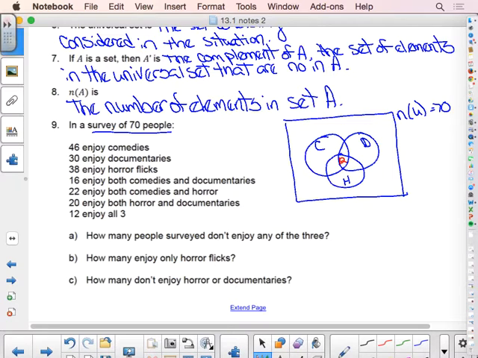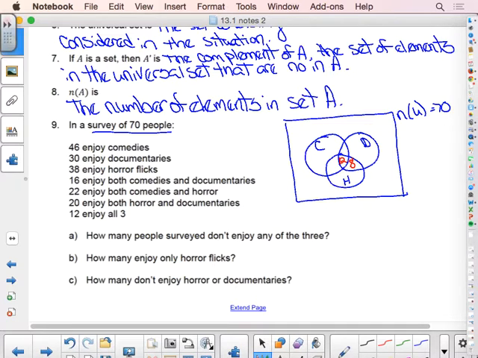Then it says there are 20 people who enjoy both horror and documentaries. If there are 20 people who enjoy both horror and documentaries, that doesn't mean they don't also enjoy comedies. So out of those 20, 12 are already considered. So I have 8 that enjoy horror and documentaries. If I look at the next one, 22 people enjoy both comedies and horror.